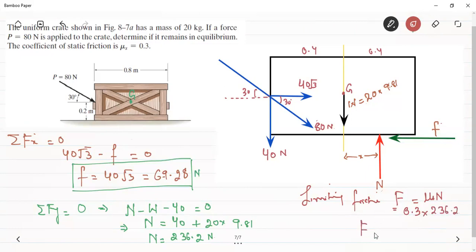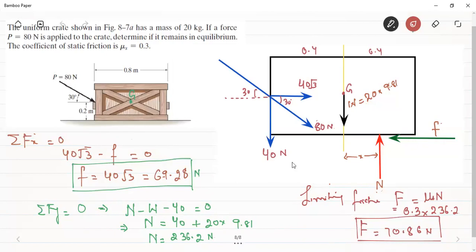And this limiting force of friction, after multiplication, comes out to be 70.86 newtons. Now see here, the force of friction which I obtained by this equilibrium equation is less than this limiting value. So what can we conclude? We can conclude that the body won't slip.